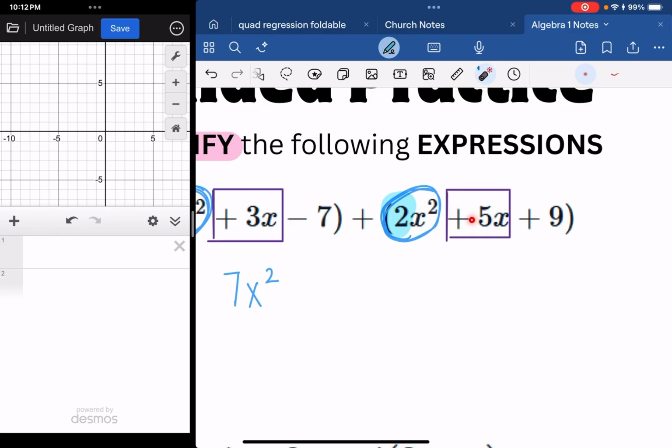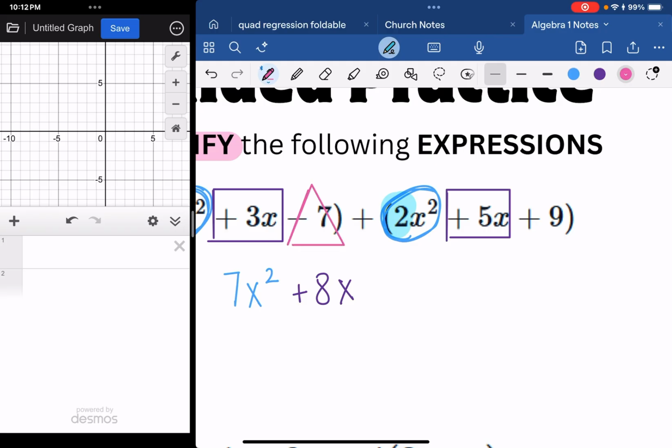It is important that you do that because the sign in front describes what kind of number we have. Do we have a positive number or do we have a negative number? Okay, all right, so we are going to add a positive 3 and a positive 5, which gets us a positive 8x. And then last but not least, we have our constants.